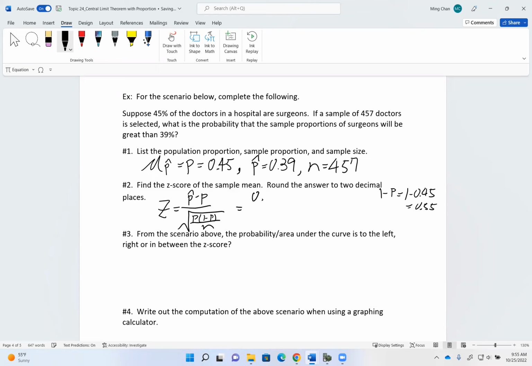So 0.39 minus 0.45, divided by the square root of 0.45 times 0.55 divided by 457.